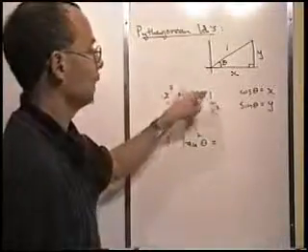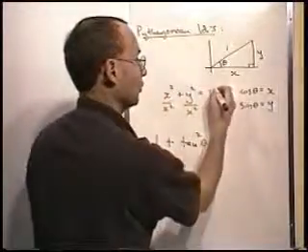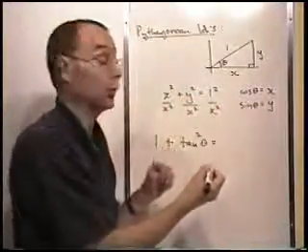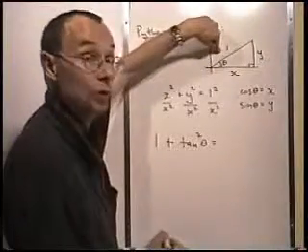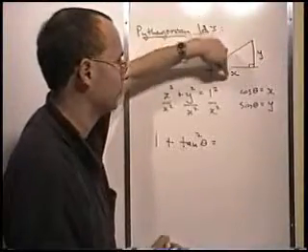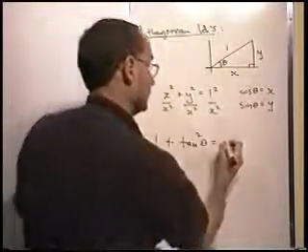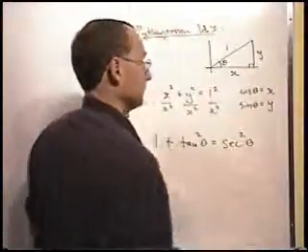And then we have 1 over x, also squared. You can think of the 1 here as squared if you like, so you can think of it as 1 over x all squared. Well, I know that x over 1 would be cosine, and so 1 over x must be the reciprocal, or secant. So this is equal to secant squared theta.